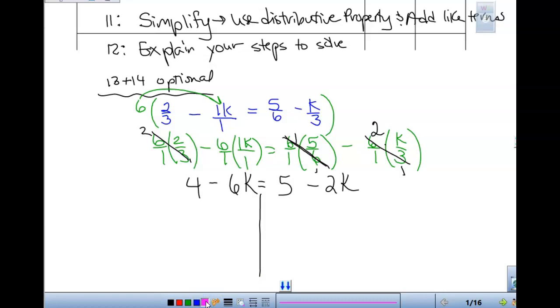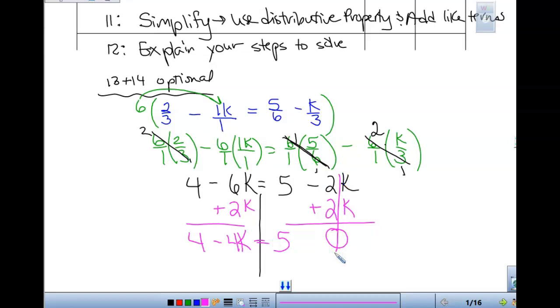Parker, I'm going to end up with what back here? Negative 6k plus 2k, what do I end up with? Negative 4k. Here I get 5, and I have this 0. We don't really have to put the 0, okay?